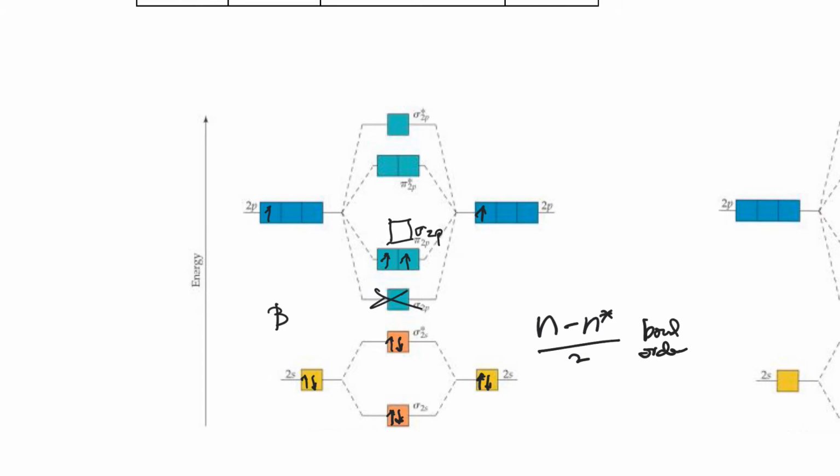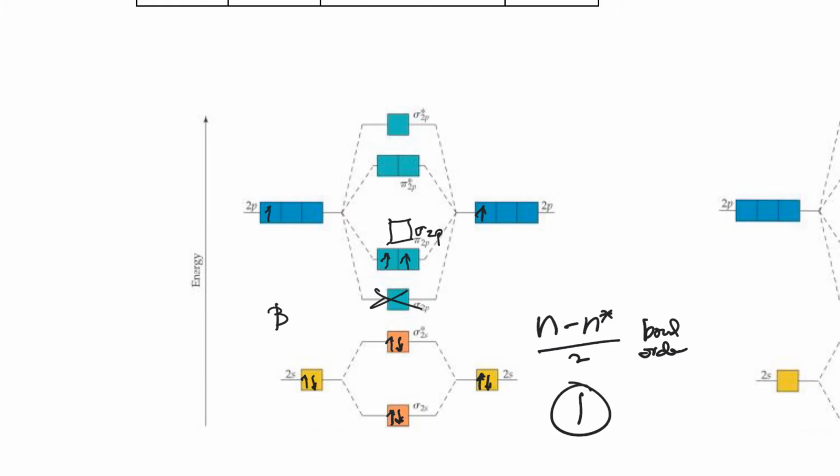In this case I've got 1, 2, 3, 4, that's my regular bonding orbitals, minus 2, because that's in the antibonding. So 4 minus 2 is 2, divided by 2 is 1.